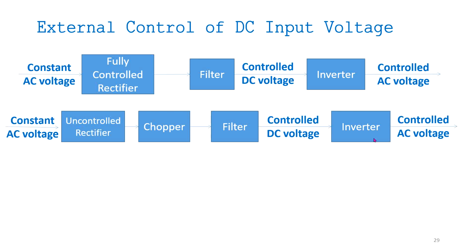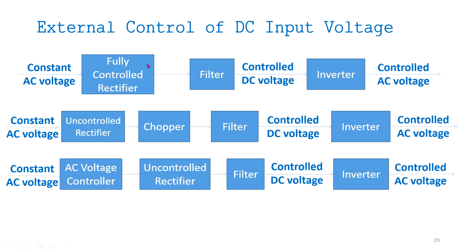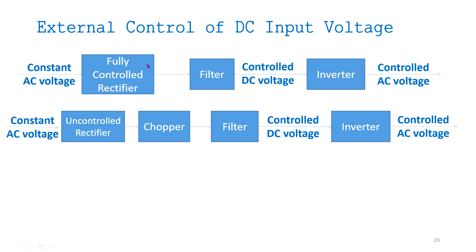Then you have an inverter and then control. In this case, two different scenarios are utilized. In the beginning we used the fully controlled rectifier, but here we use an uncontrolled rectifier and then the chopper. Of course, this will add to the cost and complexity of the circuit. We have the rectifier, the chopper and the filter.